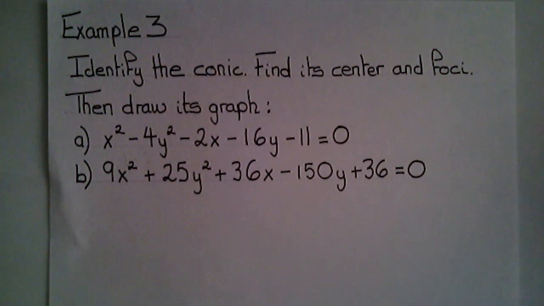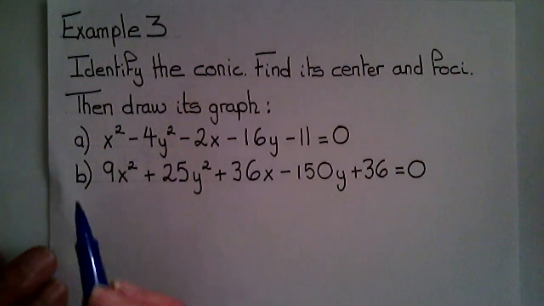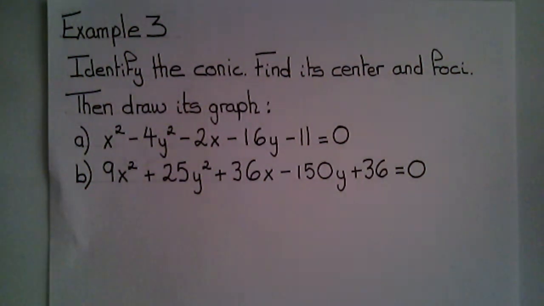But this time, some of them are going to have a leading coefficient greater than 1. So let's go with the first one. I'm going to do completing the square for both of them, and then we'll go on to the graphing for both of them. I think that will give you an idea of what you're graphing.